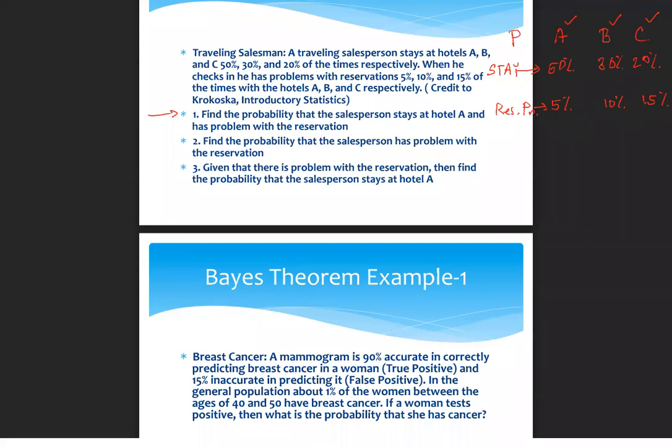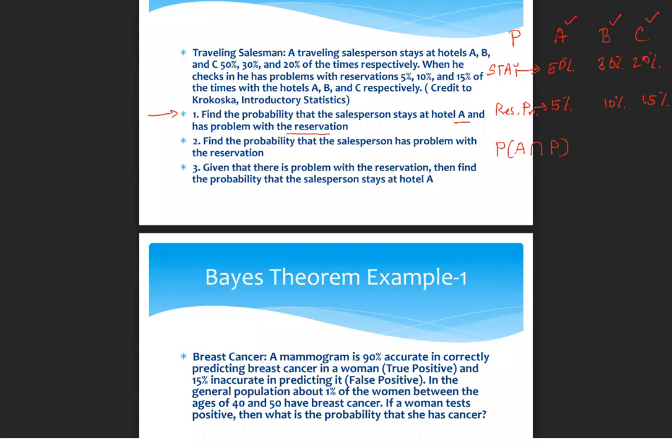So part A, find the probability that the salesperson stays at Hotel A and has a problem with the reservation. So in essence, what I'm asking is this: find the probability that the person stays at Hotel A and has a reservation problem. Is this clear to you?